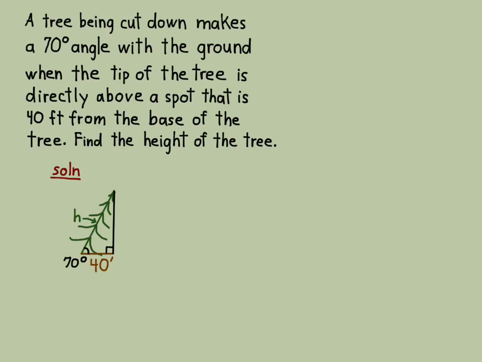Since it's adjacent and hypotenuse, I could use cosine, which would be adjacent over hypotenuse, or I could use the reciprocal of that, secant, which would be hypotenuse over adjacent. It doesn't really matter. Usually I would just use cosine, because cosine, sine, and tangent are the ones that we use most often, so we're comfortable with them.